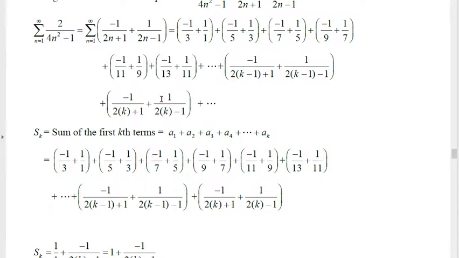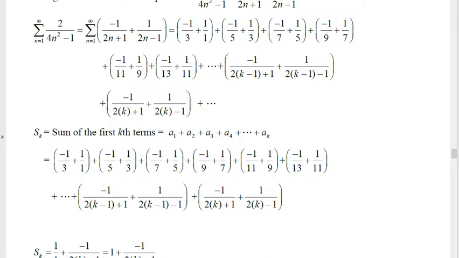For the kth term, in the place of n we just put k, and for the k minus 1 term, in the place of n we put k minus 1. And then simplify a little bit. This is 2k minus 2 plus 1, which becomes 2k minus 1. And this will be 2k minus 2 minus 1, which becomes 2k minus 3.